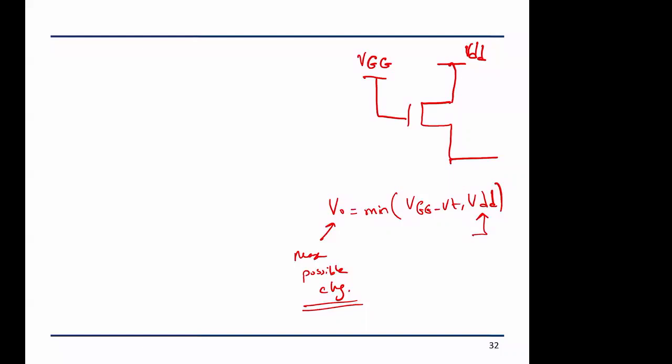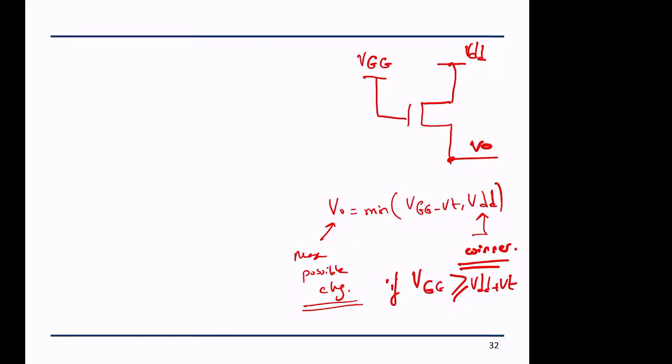I want to maintain an output of VDD. So therefore, exactly, if VGG is greater or equal to VDD plus VT, بصير ال VDD هو ال winner, and I will always charge the output to VDD. Okay, so I can always charge the output to VDD. So this is what this circuit does.